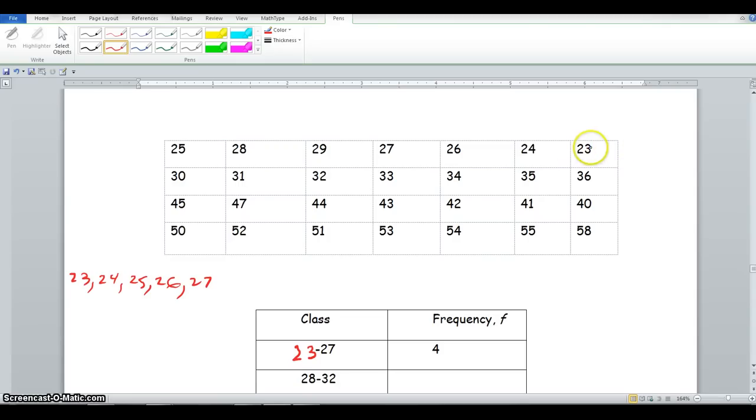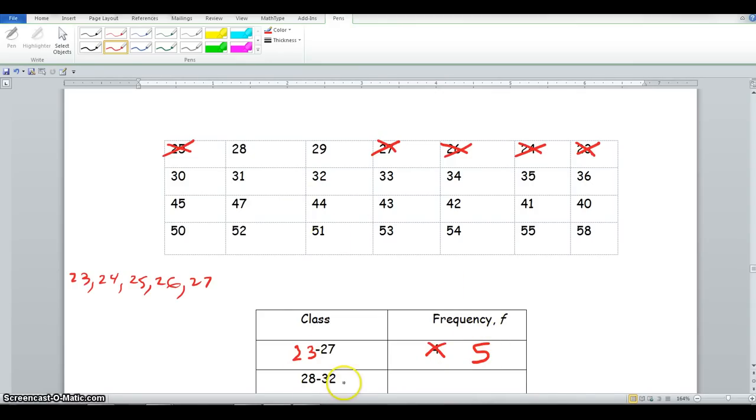We're going to cross out each number when we get to it. 23, that's 1. 25, that's 2. 27 is 3. 26 is 4. 24 is 5. So that's it. Actually this number here was incorrect. It should be 5. So from 23 to 27, you have 5 numbers, or it appears 5 times.